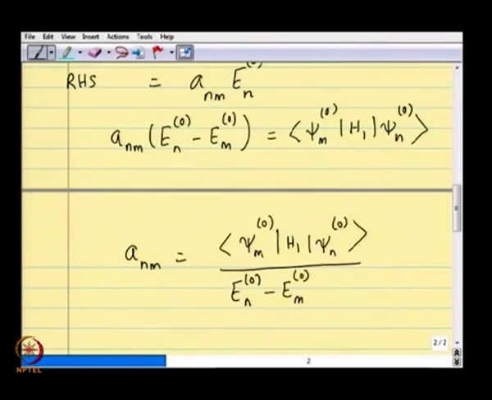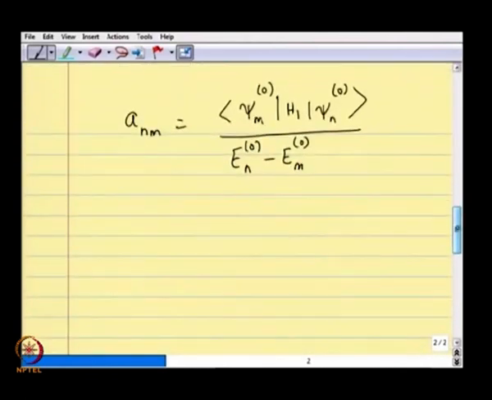So we have a coefficient, and therefore immediately the wave function psi n 1, please remember that the expression we used was k not equal to n, a n k.